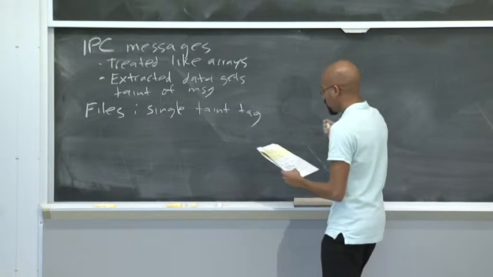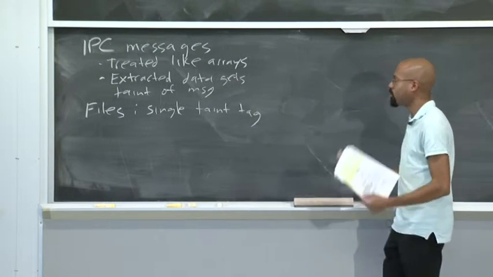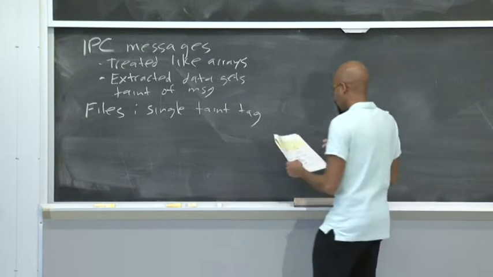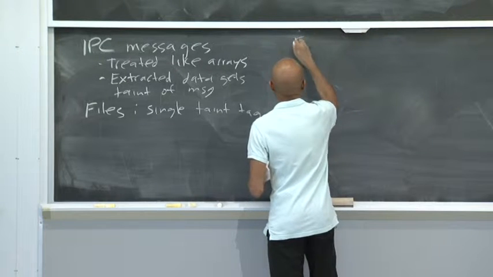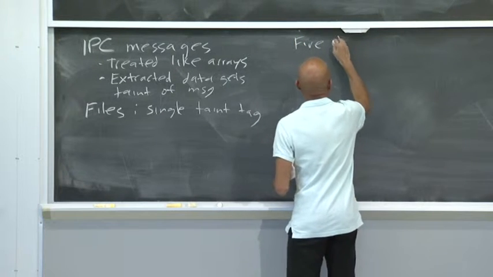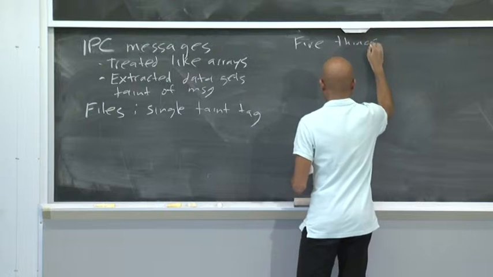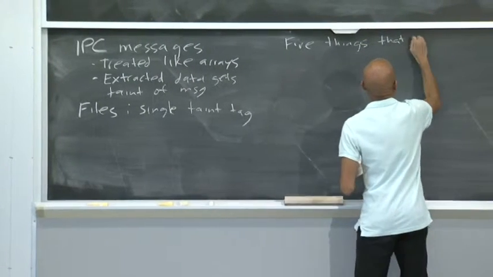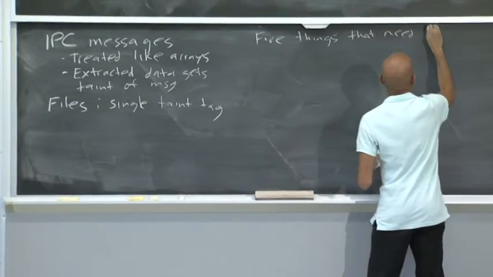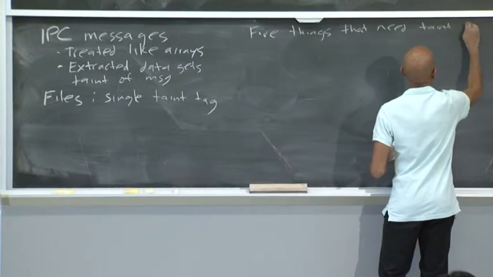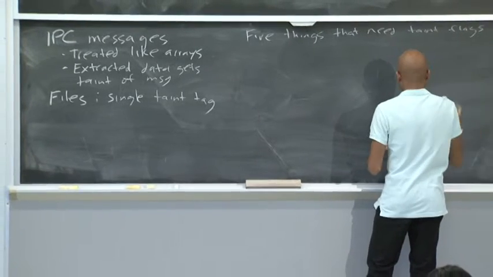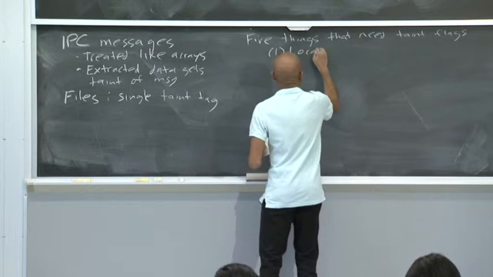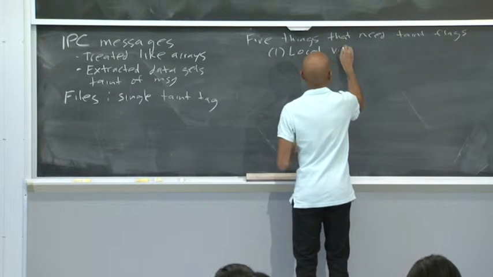So what kind of things do we have to taint in terms of Java state? There's basically five types of Java objects that need taint flags. The first kind of thing is local variables that live in a method.